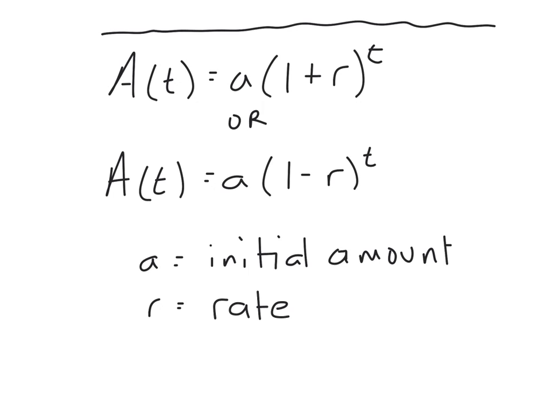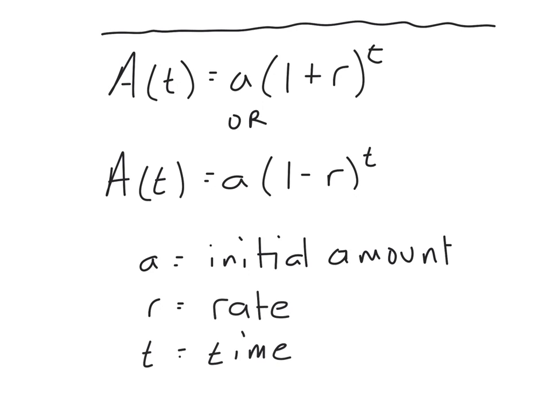Now rate is typically given as a percent, but if you're going to use it in your problem, it has to go in as the decimal. You cannot put a percent into a problem. A percent is not a number, right? So you have to change it to its decimal form. And then t, of course, represents the time.